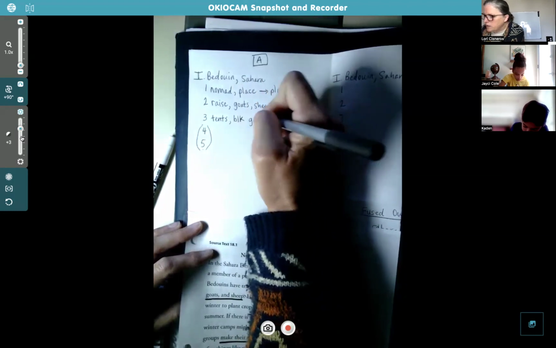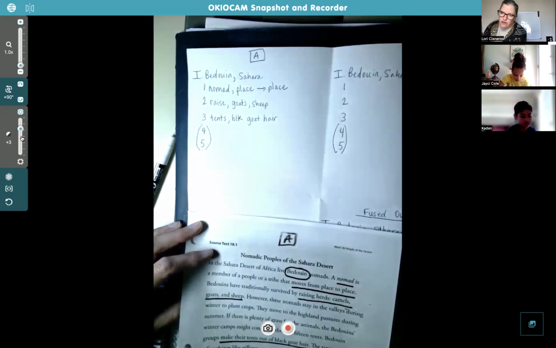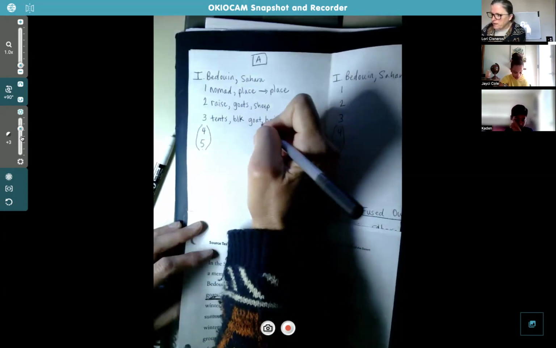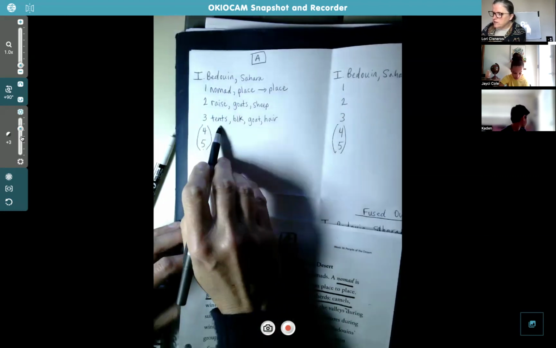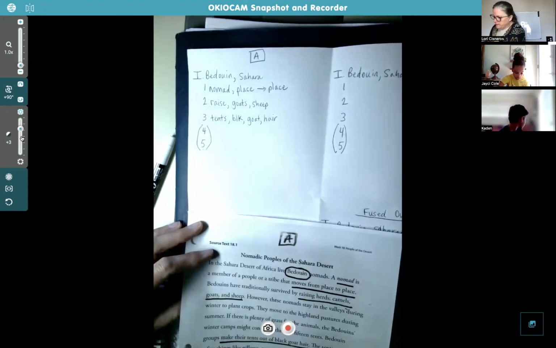I don't know why it needs to be a black color, but maybe the hair of those goats is stronger, or thicker, than a brown haired goat, maybe. So I got tents and then BLK for black goat hair.